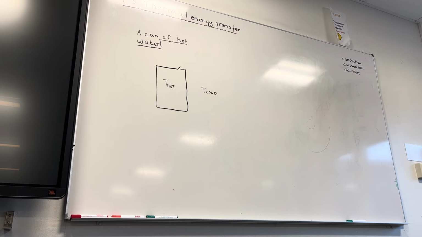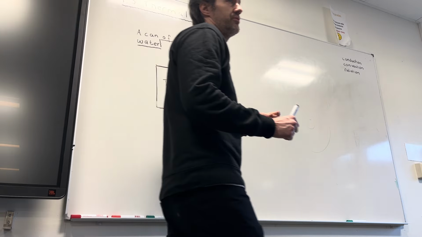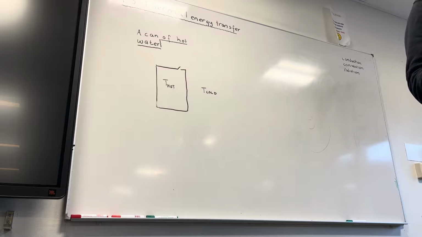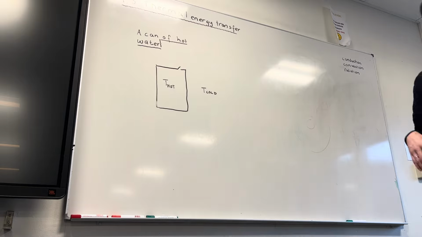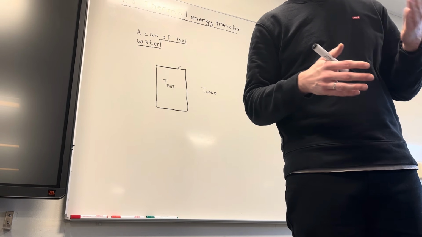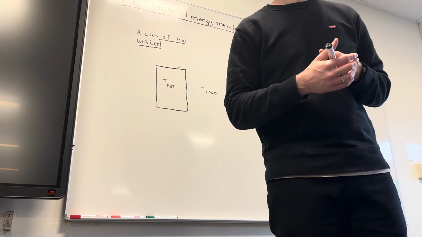Yesterday we looked at how we would describe a solid, a liquid, and a gas in terms of the molecules it's made up of. And looked at latent heat of fusion, energy required to melt, and latent heat of vaporization, the amount of energy required to vaporize 1 kilogram of that substance.